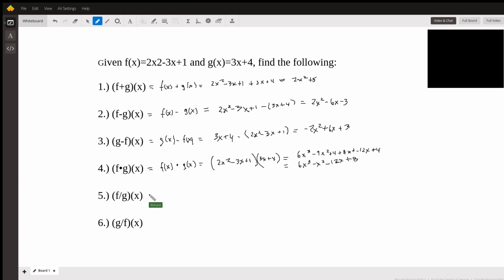This is division, as you would think. 2x squared minus 3x plus 1 over 3x plus 4. And if you wanted to do this here, you could simplify this using long division. The numerator factors, but it doesn't help us.